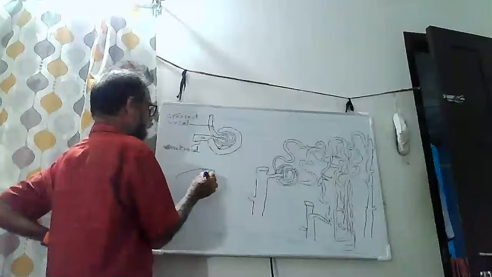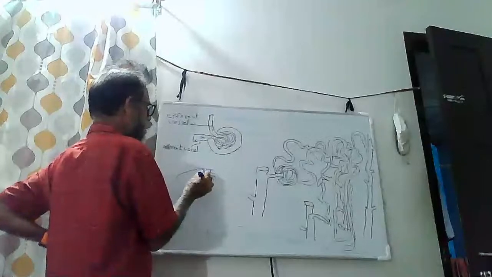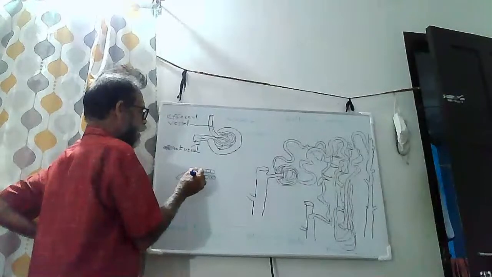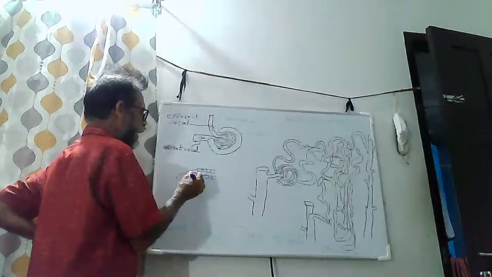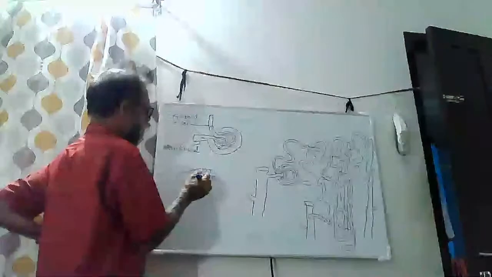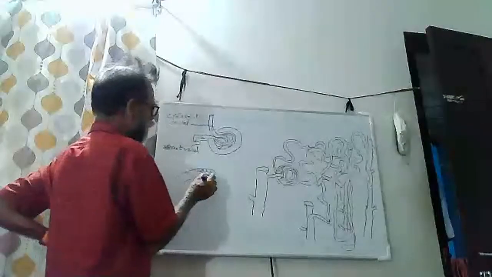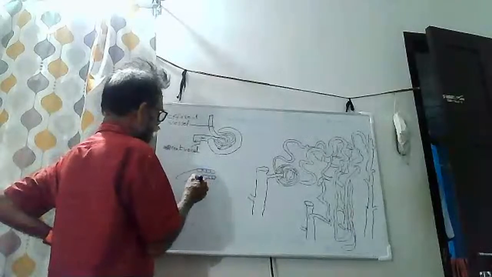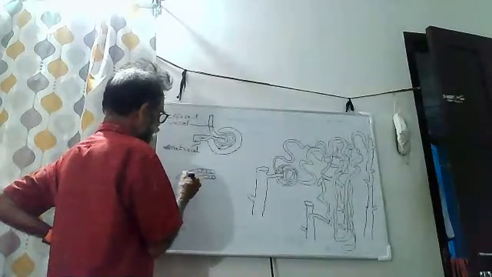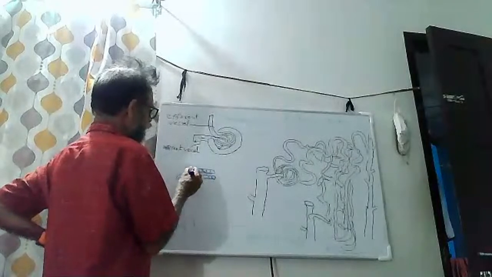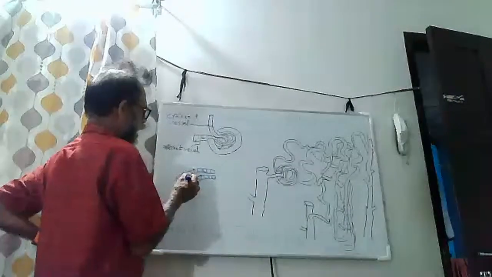It is a very narrow artery, and the wall is very thin. Just one layer of cells thickness is there.